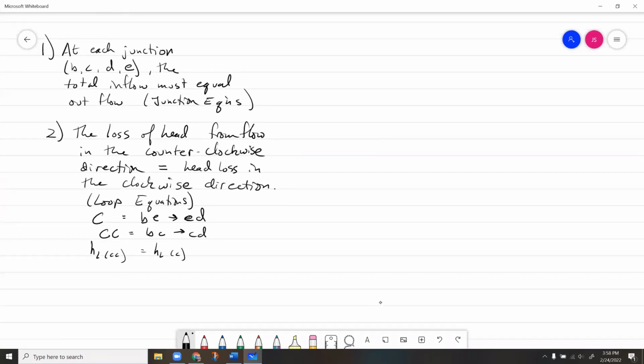All right, so now this is the basic idea. Let's talk about the actual method to do this, the Hardy Cross method.